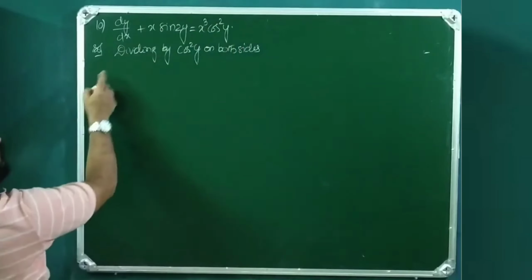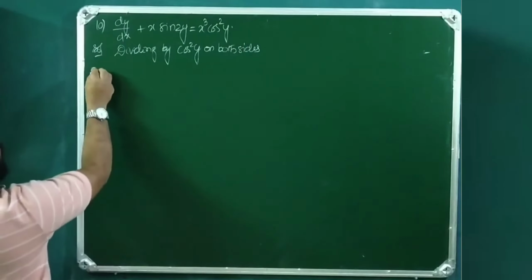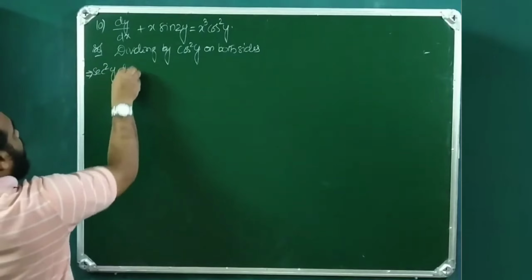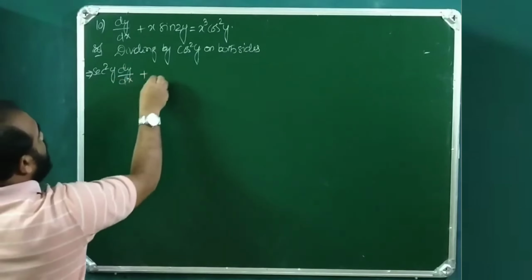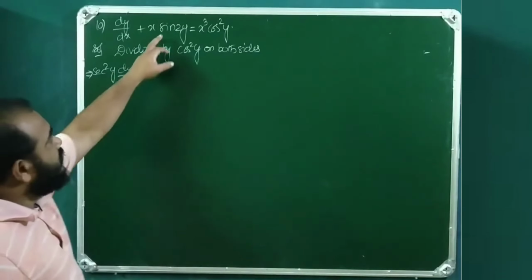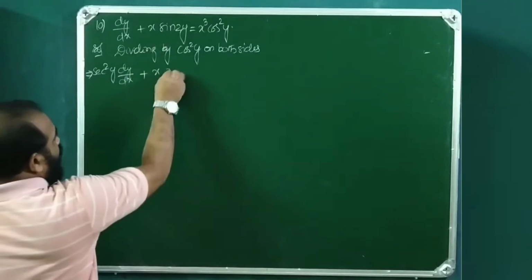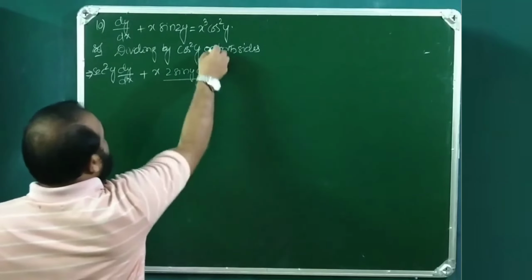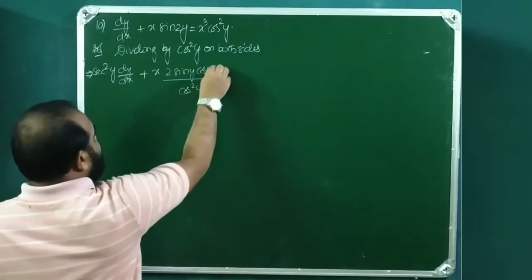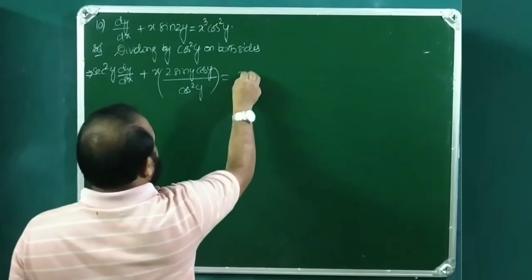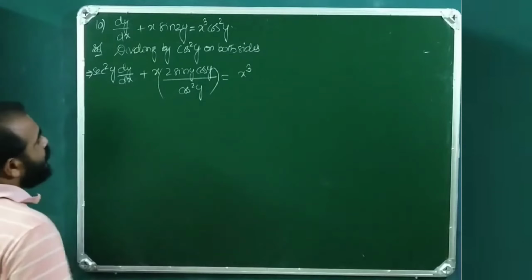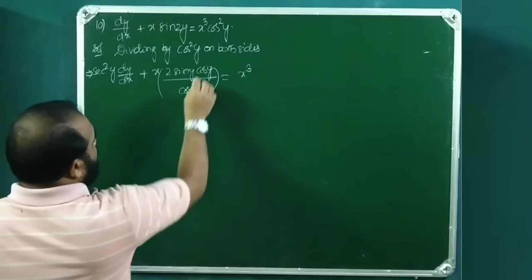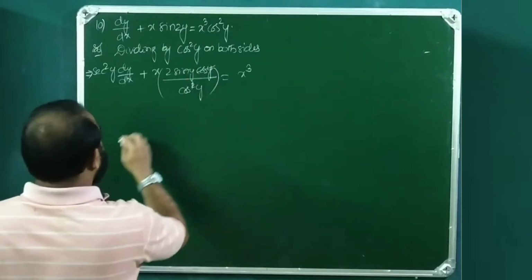This is equal to, 1 by cos square y is secant square y, dy by dx plus x into sin 2y, which is 2 sin y cos y, by cos square y, is equal to x cube. So here sin y, here cos y, and cos y gets cancelled.